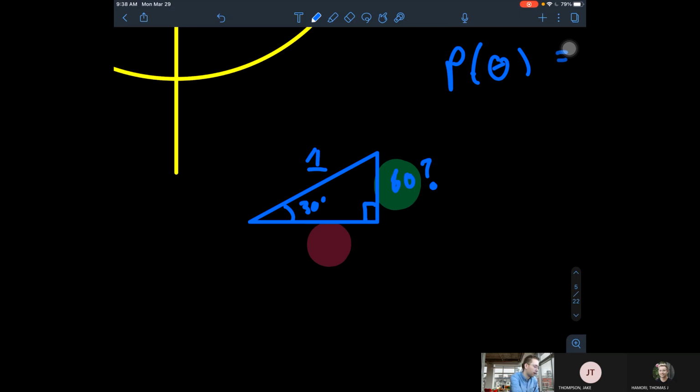I think you're on the right track. The number 60 does fit into this somehow. But how does it fit in? I'm interested in knowing what are the side lengths of this triangle.